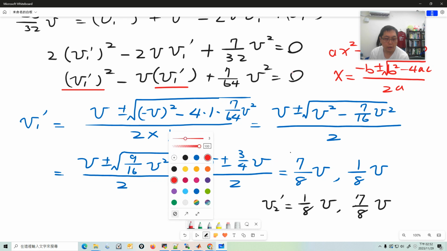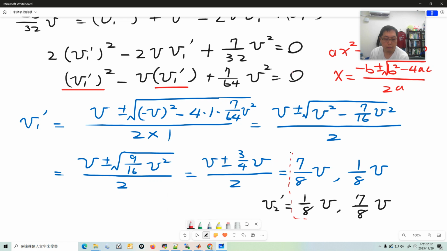Which answer is more correct? Based on the information in the problem, it's really difficult to judge. So we have two answers: this is the v1 prime, v2 prime pair.